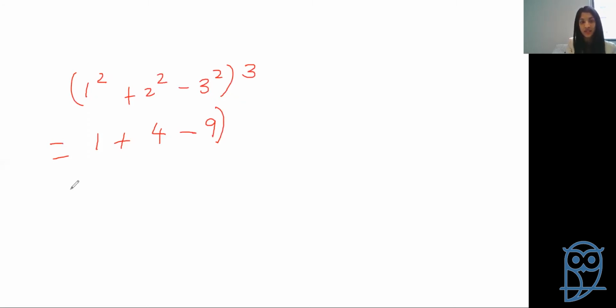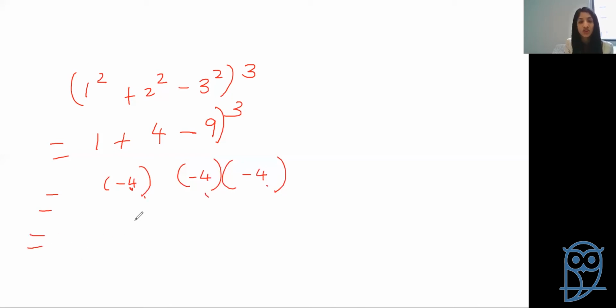Then we're going to say 1 plus 4 minus 9. So for us to work this out, we have to do it to the power 3. So 1 plus 4 minus 9 is equal to minus 4, but we need to do it to the power 3. So we need to say minus 4, minus 4, minus 4, which is basically minus 4 times minus 4 times minus 4, which will then equal minus 64.